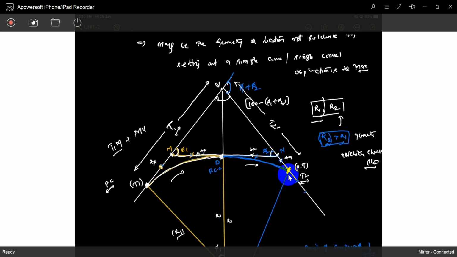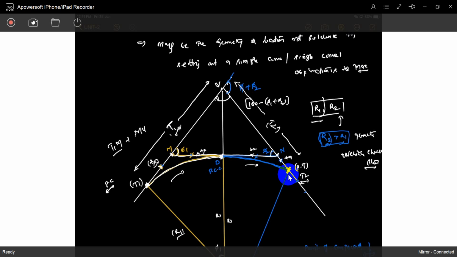If you want to find out T1, first we have to find out the TS. TS we already know, but we have to find out the MV. So how can we find out the MV? Based on the triangle VMN. MN is the common tangent. The point D is the point of compound curve. We have to find out T1 and T2, so we can locate the T1 and T2 points.